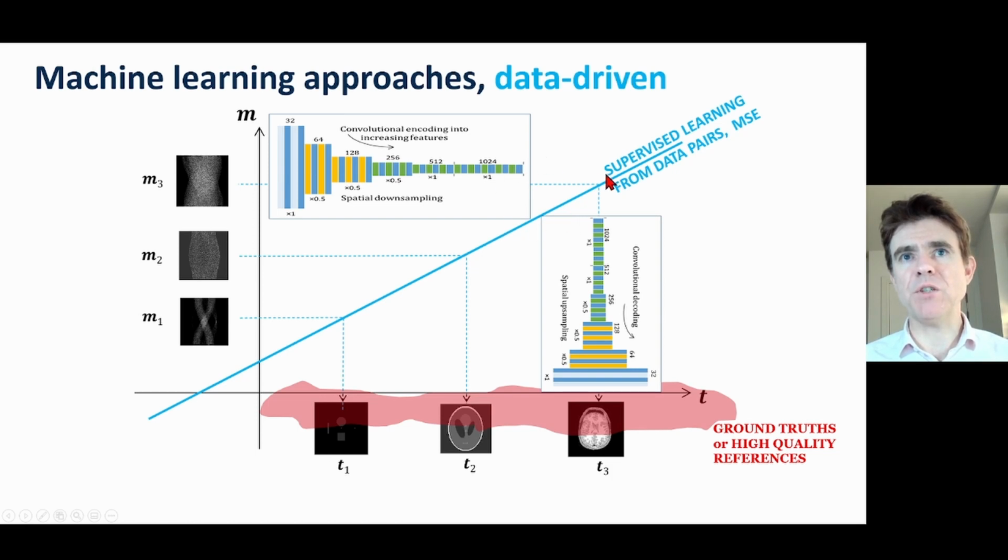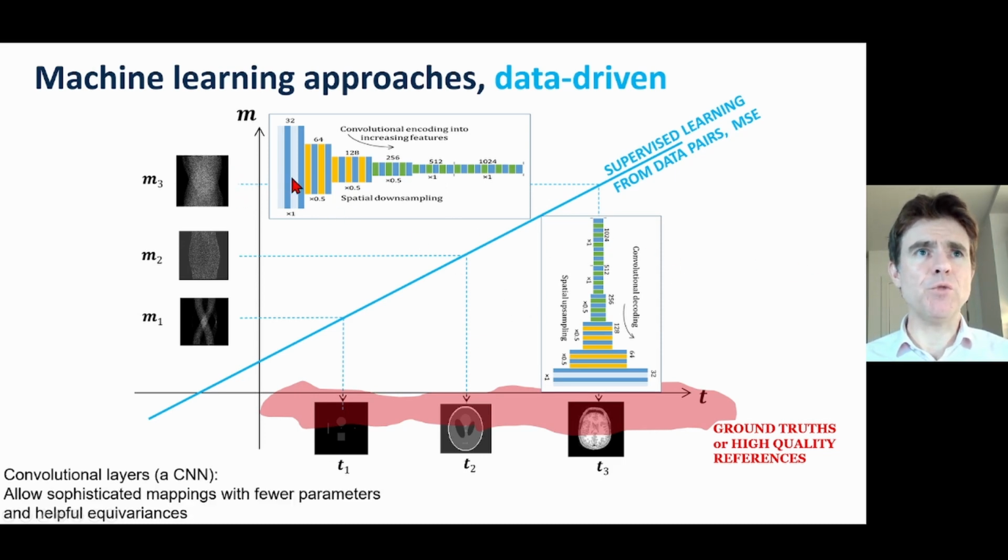Once we're in that latent space, we can then decode that information again through convolutional layers, going from the latent space with limited spatial dimensions, but many, many feature channels, all the way back to an image representation of the same information that was in that sinogram data.